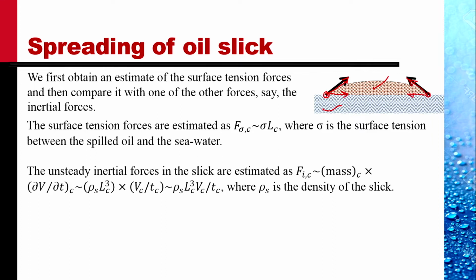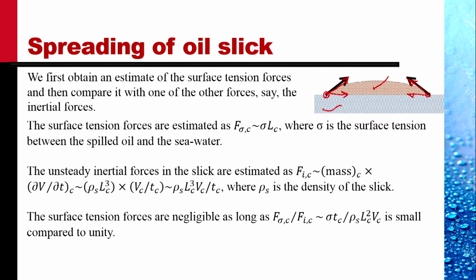The unsteady inertial forces on the slick are estimated as mass times the acceleration dv by dt. So that is like rho Lc cubed times Vc by Tc, or rho s Lc cubed Vc divided by Tc, where rho s is the density of the slick.